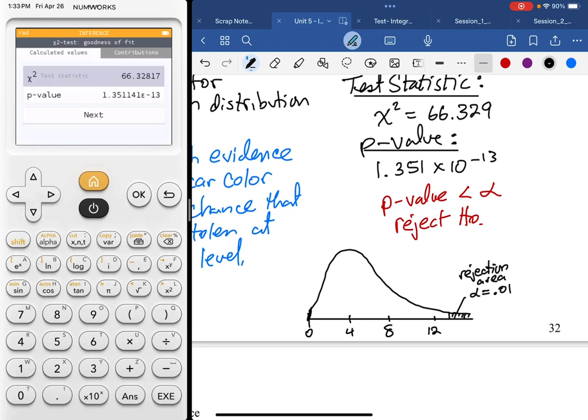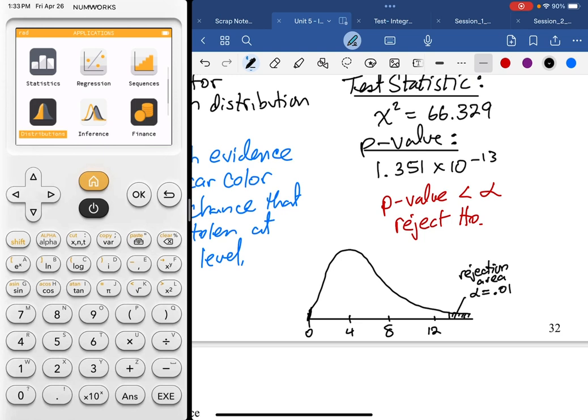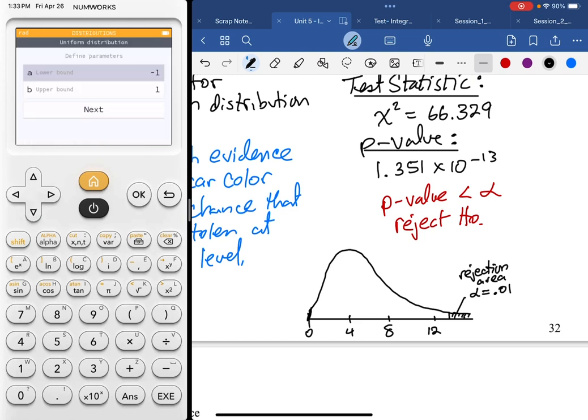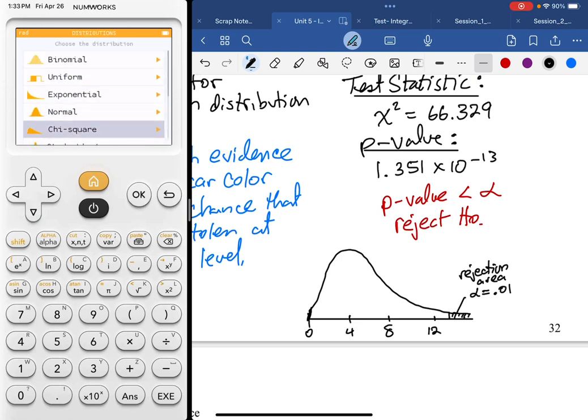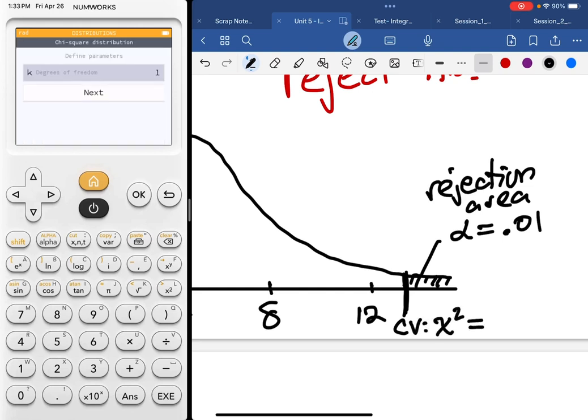Now, if you need that particular number, let me go into the distributions app. You see that there's a chi-square. All right, so if they ask me what the critical value for chi-square is, I go in here, tell it the degrees of freedom, and then just make that top little heading area look like it's supposed to look.